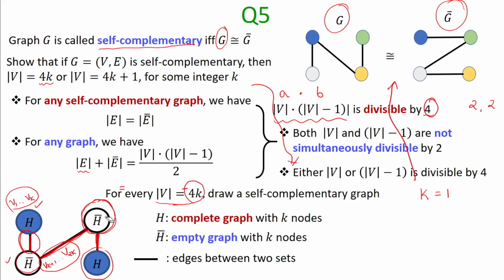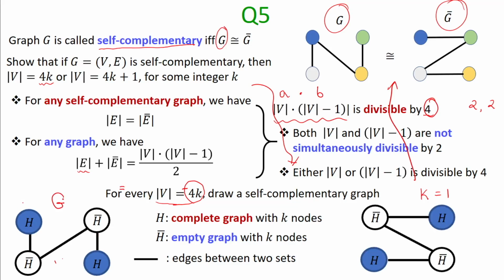Okay. So that's my graph G. Now what will be the complement of this graph G? So this is my graph G. My graph G complement will also have 4k nodes. But then what will happen is the following. Since this group was a group of k nodes with edges between every pair of nodes, you will still have those k nodes but no edges among any pair of nodes.